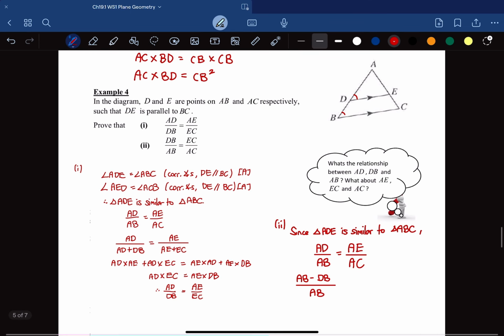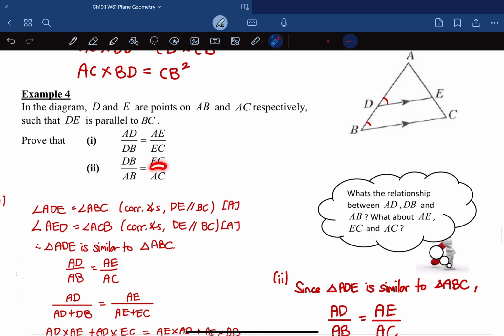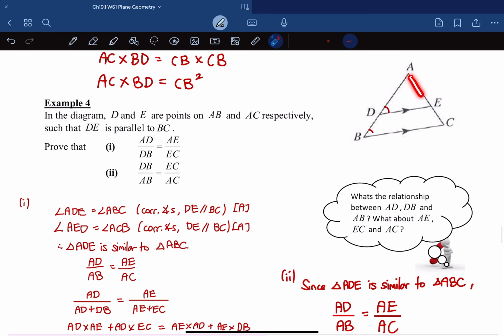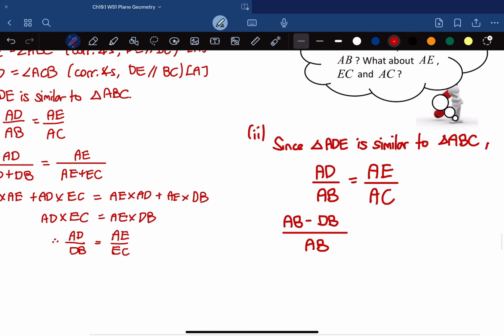And similarly, since this question wants us to find EC, and this EC is this bottom part over here, I can rewrite AE as AC minus EC. So I can rewrite this to become AC minus EC over AC.